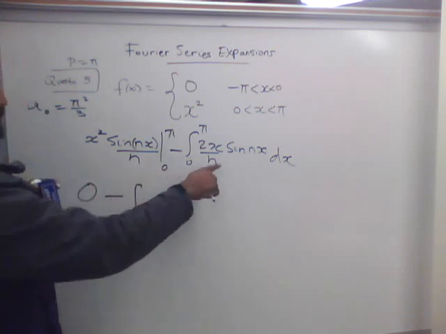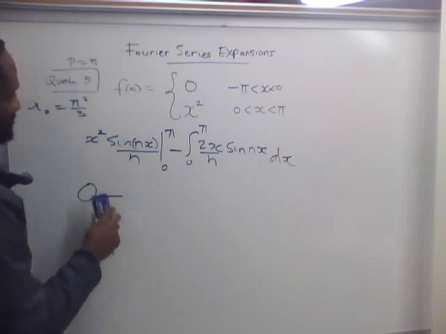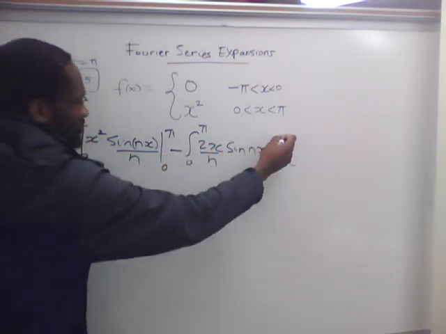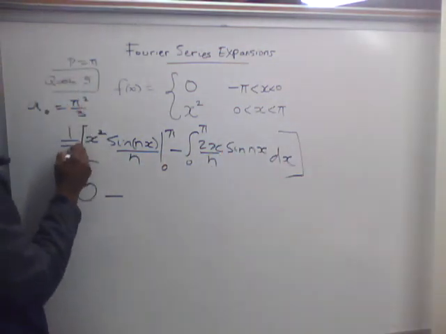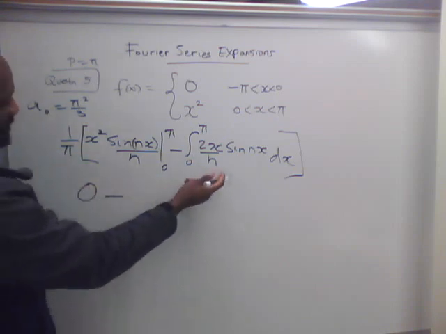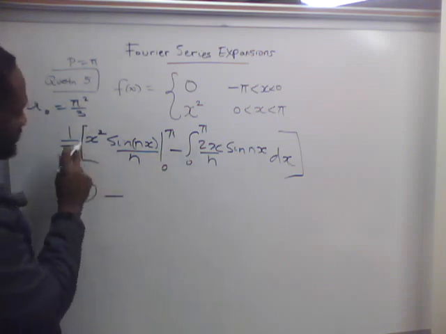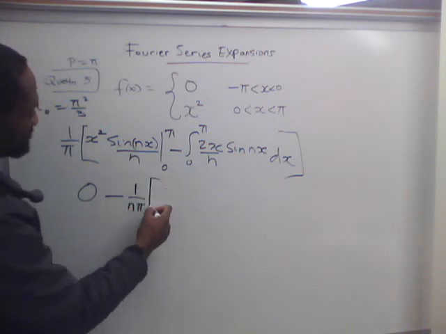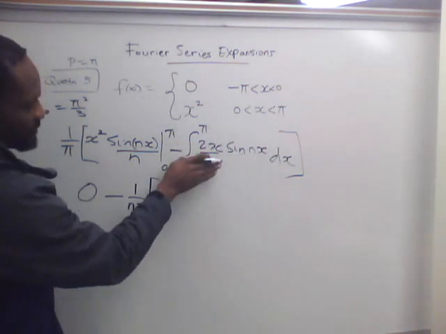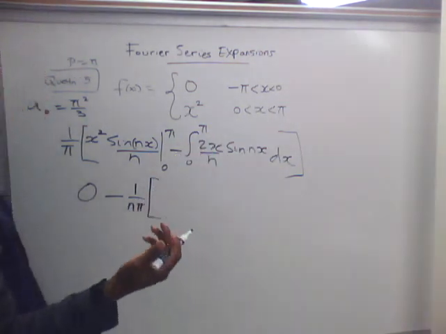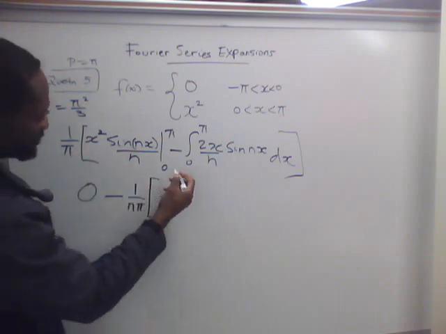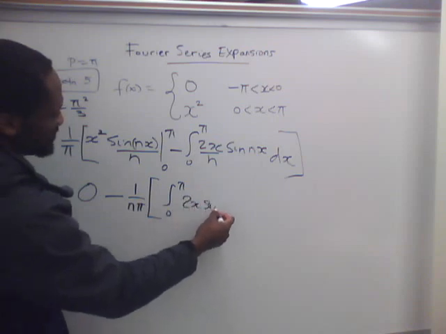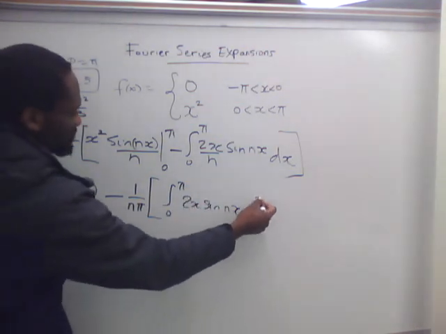Minus, now we'll do this by parts again. I'm just going to pull out the 1 over n. By the way, there is a 1 over pi outside here still. Okay, so I pull out the 1 over n and bring it along with the pi. Now I have 1 over n pi times this integral. So I'll just rewrite that as 0 to pi 2x sine nx dx.